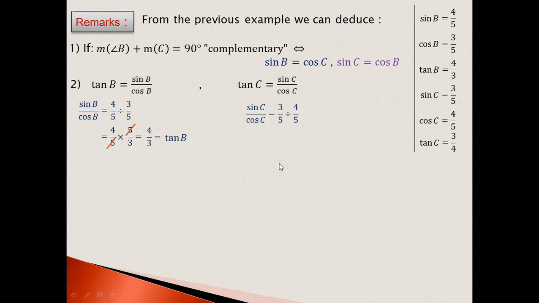We can keep the first fraction 3 over 5, change the division to multiplication, and then get the reciprocal of the second fraction 4 over 5. It's going to be 5 over 4. We can divide by 5 up and down. It's going to be 1 and 1. And the final result is going to be 3 over 4. And 3 over 4 is equivalent to tan of the angle C.